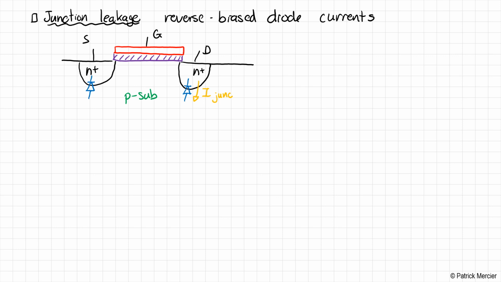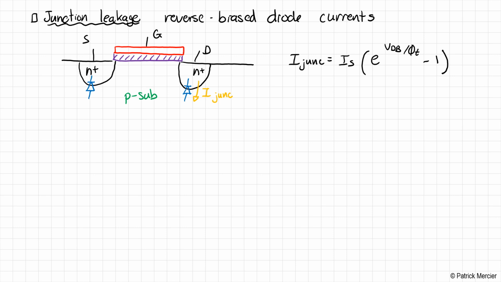I junction current, that flows through it. Okay, we can model I junction as equal to, well, it's a diode current expression, IS times e to the VDB or SB, depending on whether or not we're talking about the source or the drain, minus 1. Okay, so that's a reasonably good model for our reverse biased diode currents.